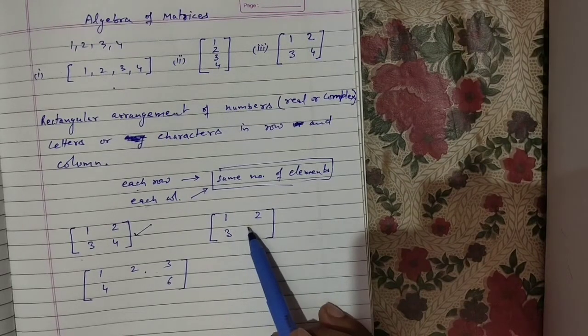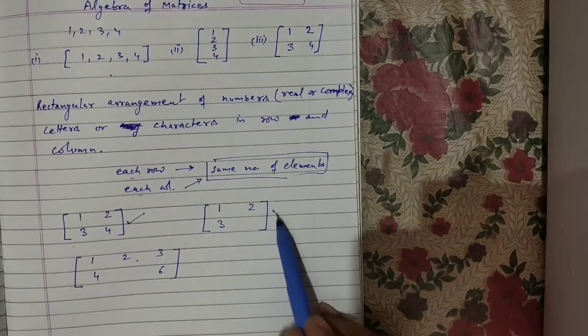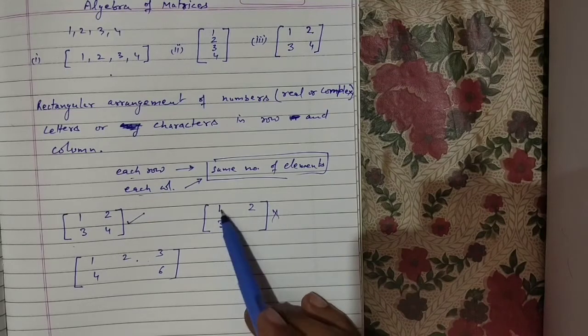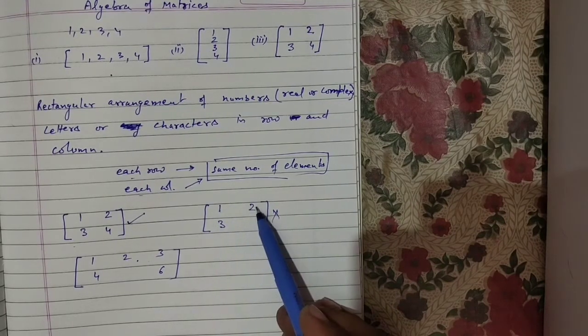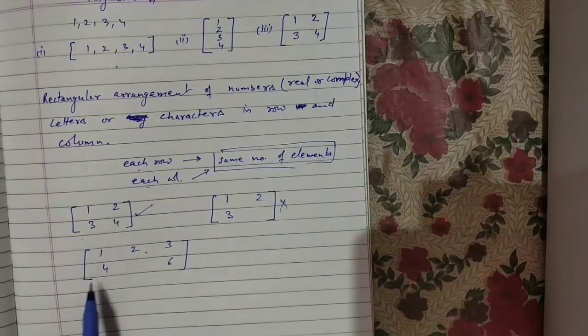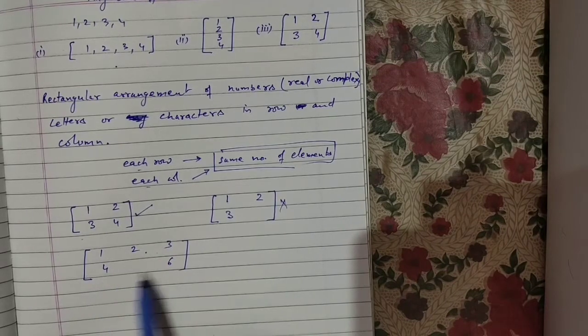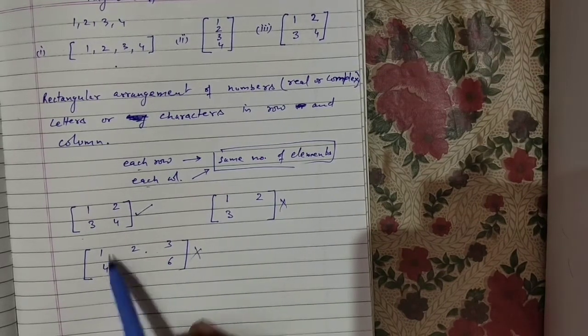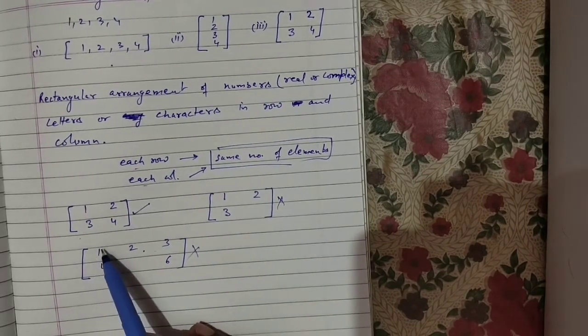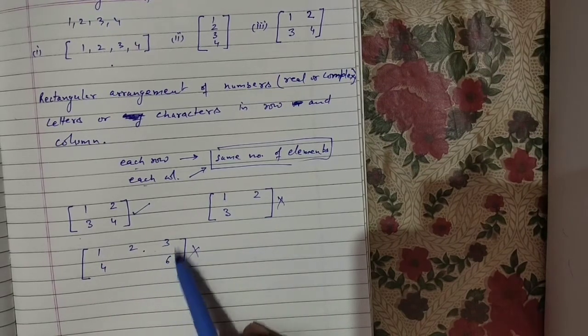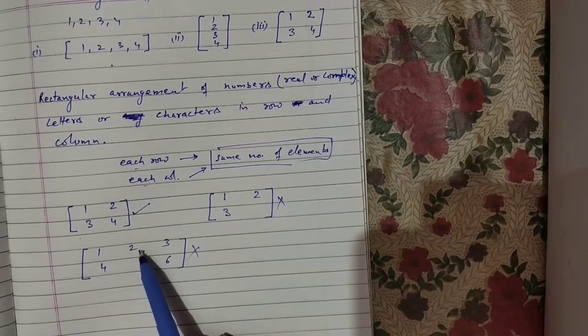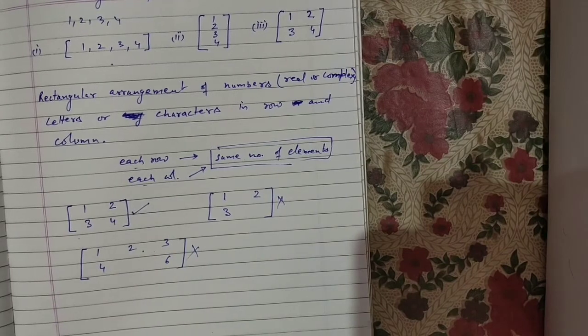Is this a matrix? No, because the first column has two elements but the second column has one element, so it is not a matrix. Is this representation a matrix? No, because the first column has two elements, the third column has two elements, but the second column has one element, so it is not a matrix.